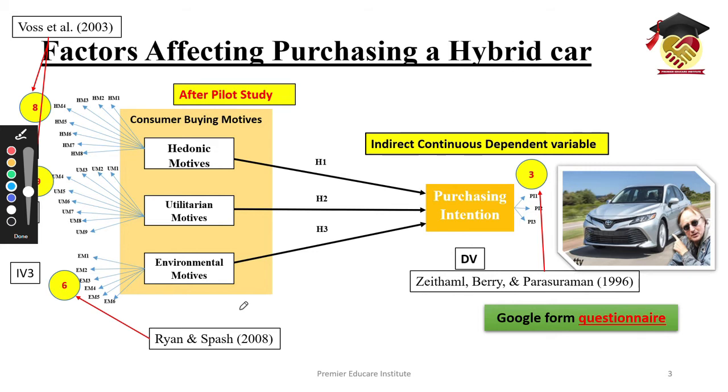For example, to measure the hedonic motives, you can get the 8 questions from one article. To measure the utilitarian motives, or your second factor, you can collect the questions from another article. That is okay. Better if you can get them from the same article, but if not, no issue. But remember, to measure one construct, you have to get the questions from the same article, from the same construct. So this concept applies for all the variables, right?